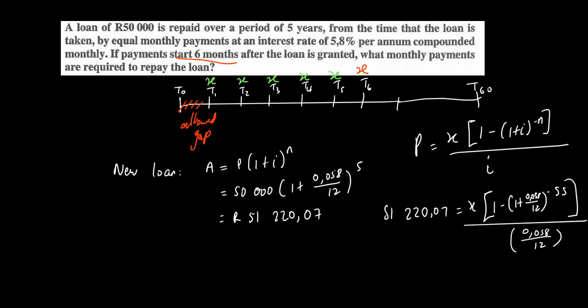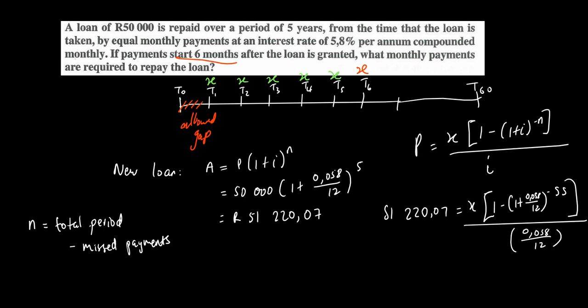But a way to understand it is that you say your n is going to be the total original period minus the missed payments. Total period minus the missed payments. Then it's gonna give you your n.